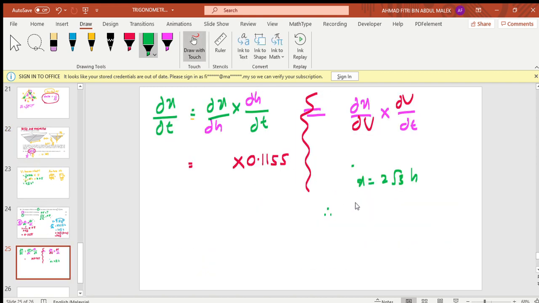Therefore dx over dh is 2√3 now. So it becomes more simple. Then 2√3 times 0.1155, so your answer becomes 0.4. So done with that. Okay, thank you.